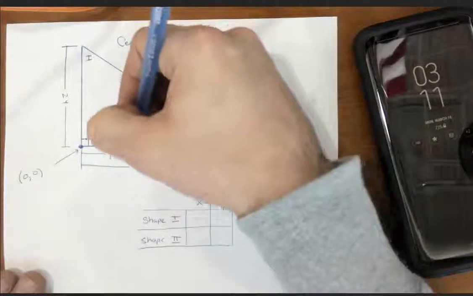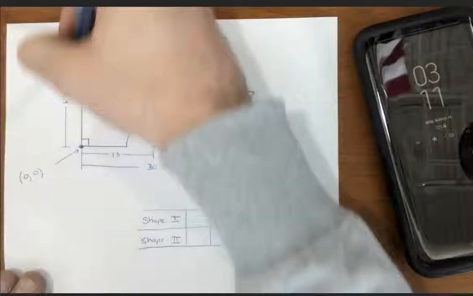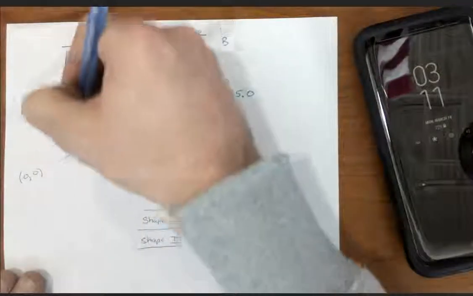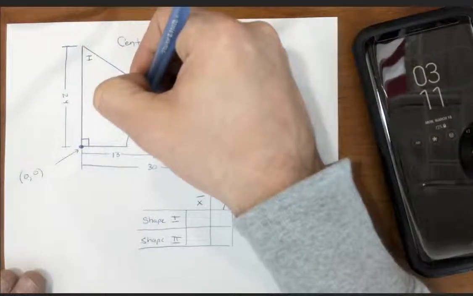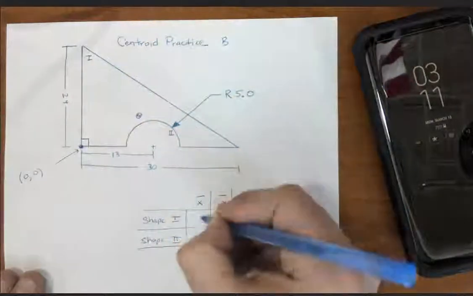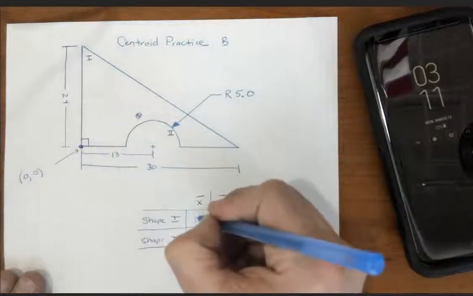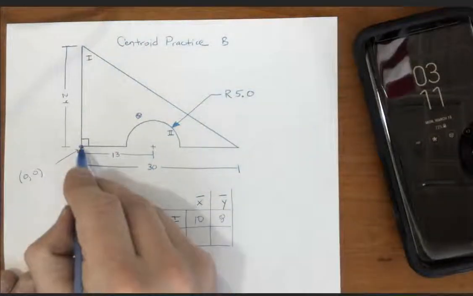Then we would go vertically 1/3 of the way up, and if that's 24, then 1/3 is 8. So it's going to be right in here, at the coordinate over 10, up 8 from the origin.